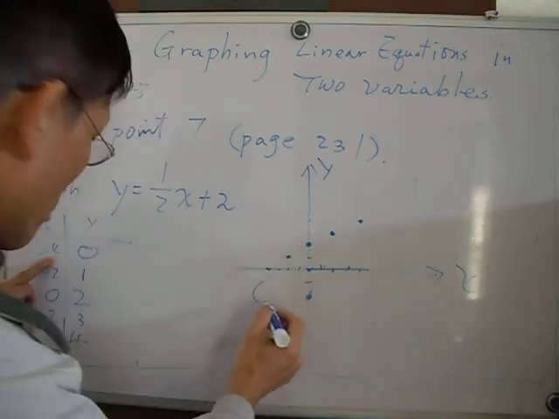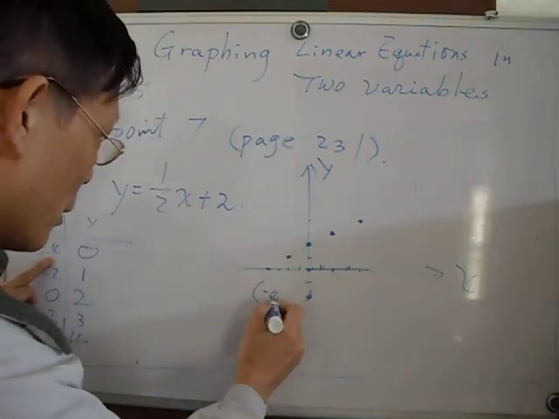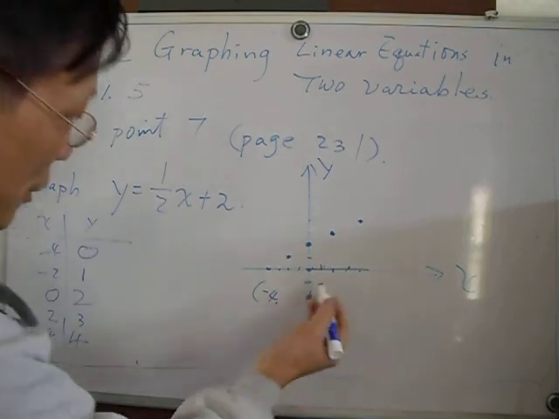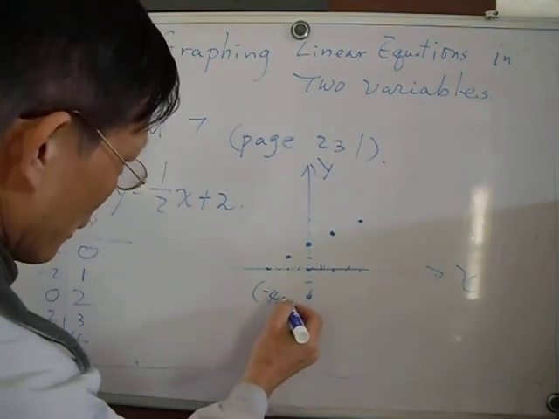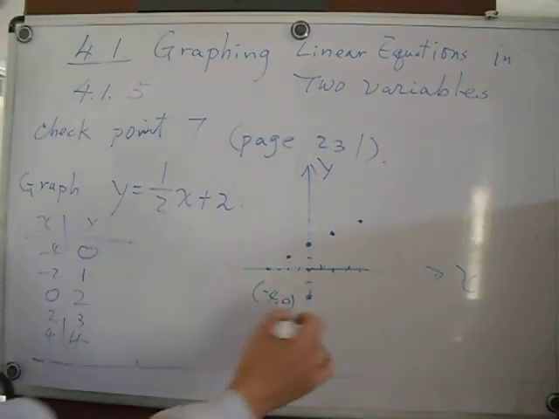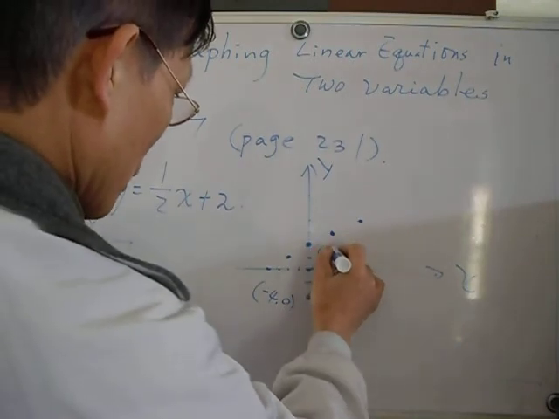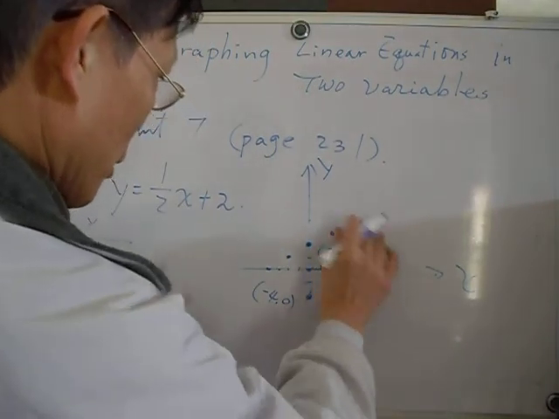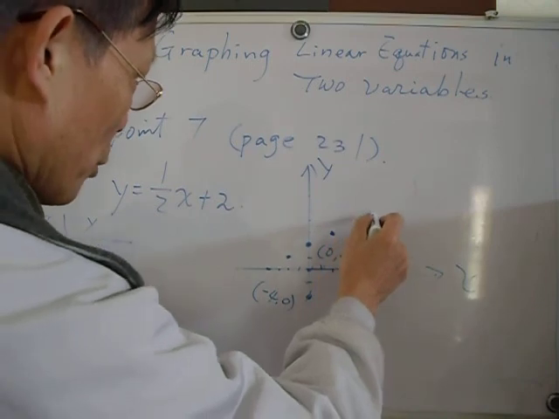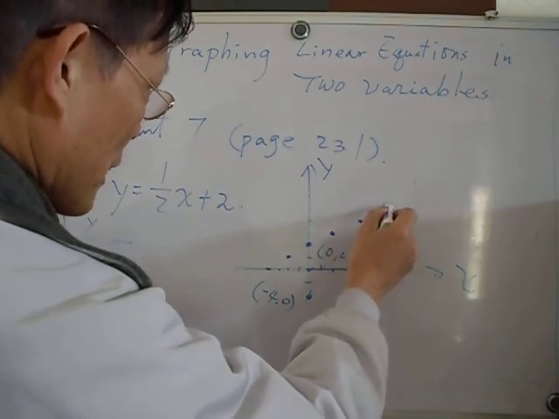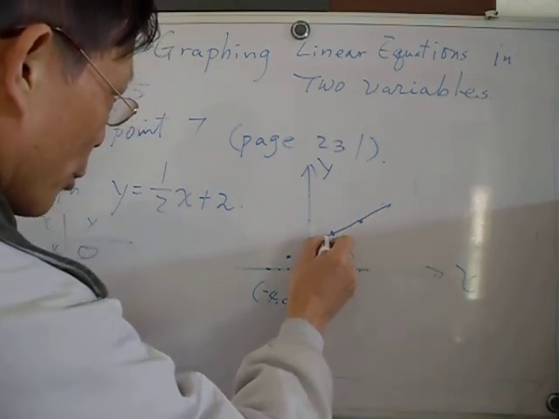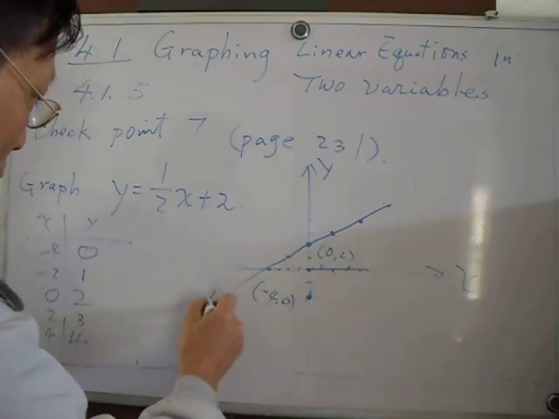So probably on your paper exam, you probably like to label about 2 or 3 points. Don't label all of them, just label 2 or 3. And the last step is to connect these 5 points using a ruler.